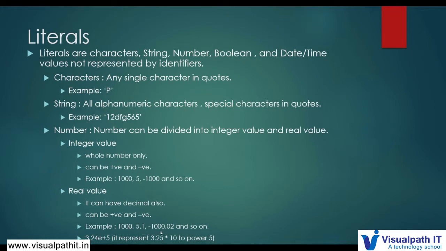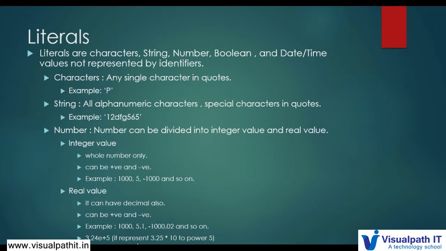Similarly, minus 1000.02 and so on. This is a part of real values. You have also seen real values like 3.25e plus 5. It represents in Oracle 3.25 multiplied by 10 to the power 5.